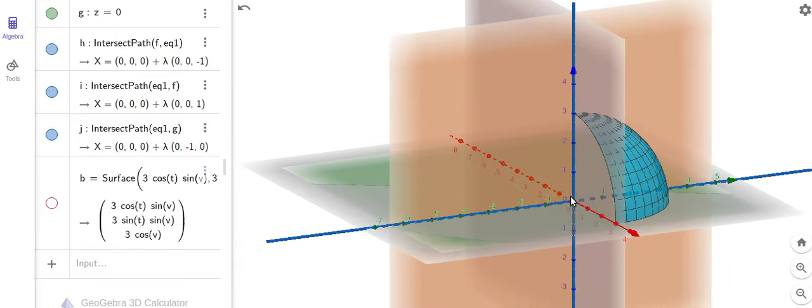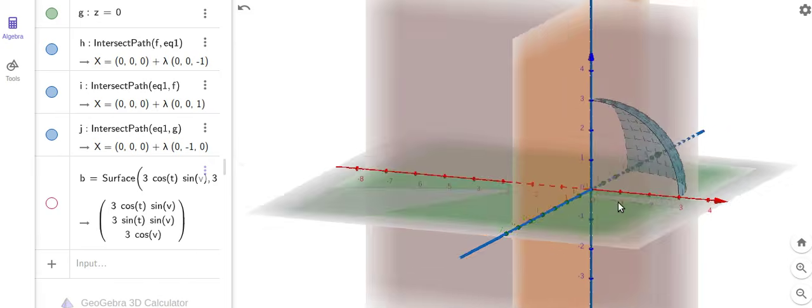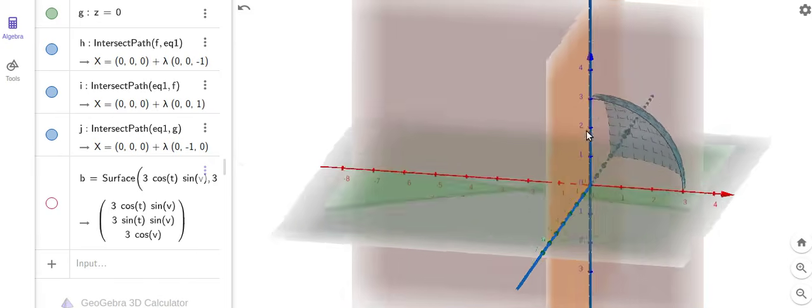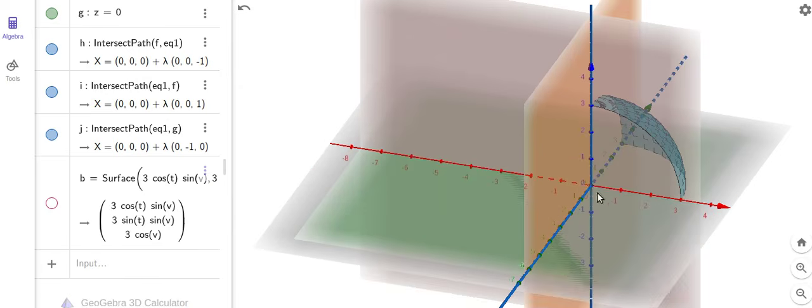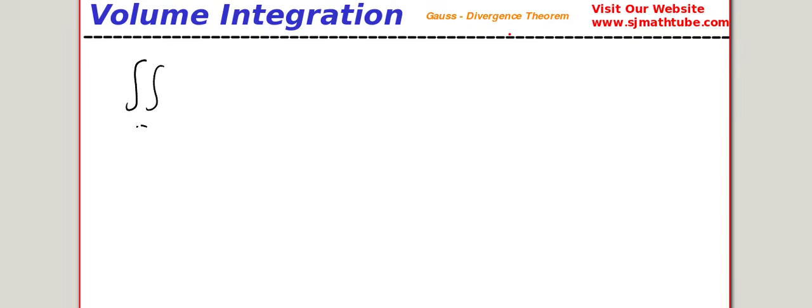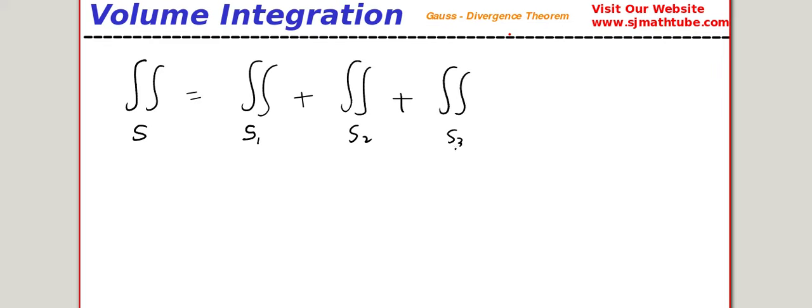Remember, there are 3 flat surfaces and 1 curved surface. I am going to deal with the quarter circle. Can you see? Not a semicircle, a quarter circle. This is O, A, C. O, A means on the x-axis, C means on the z-axis. So I am going to write the double integral over the surface is equal to the double integral over S1 plus S2 plus S3 plus S4.